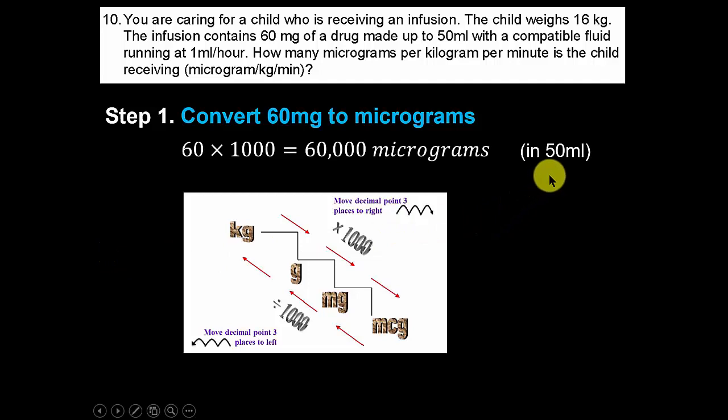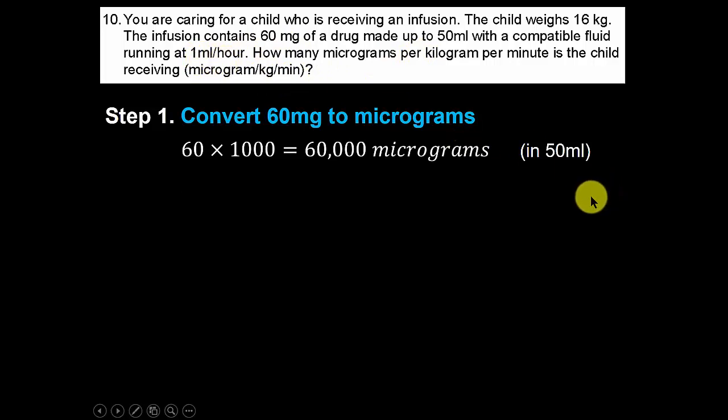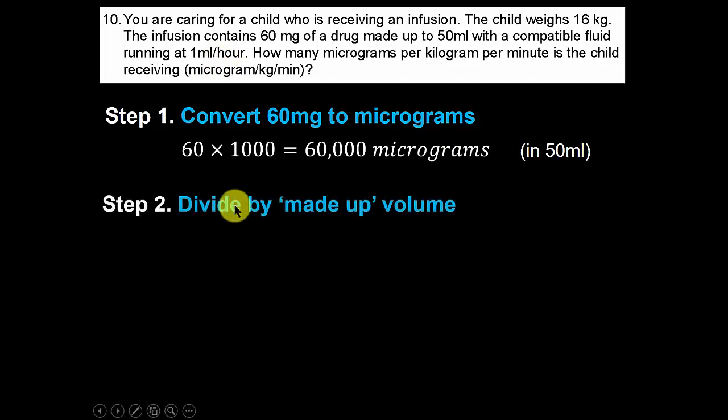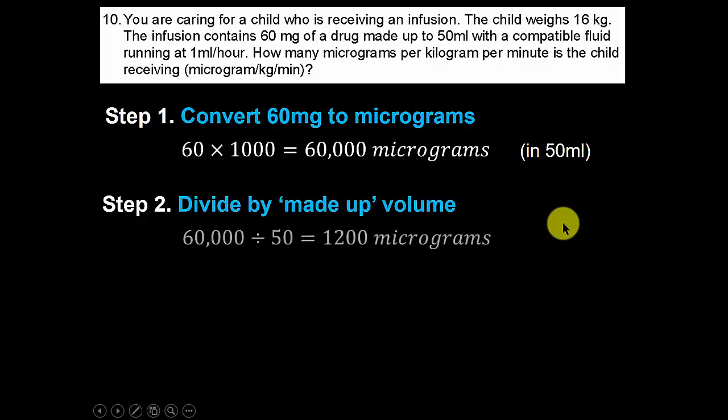Now, we know that that 60,000 micrograms is in a made up volume of 50 millilitres, but I know that this fluid will be running at 1 millilitre per hour, so I would like to know how many micrograms are there in 1 millilitre. So step 2 will be to divide by this made up volume, by the 50 millilitres. So 60,000 divided by 50 is 1,200 micrograms, and that now is in 1 millilitre.